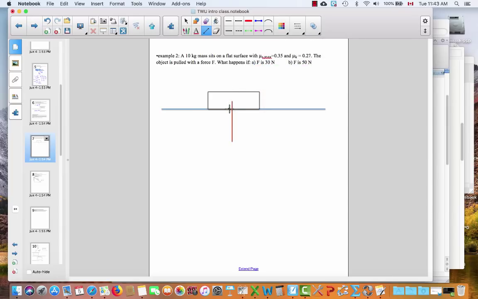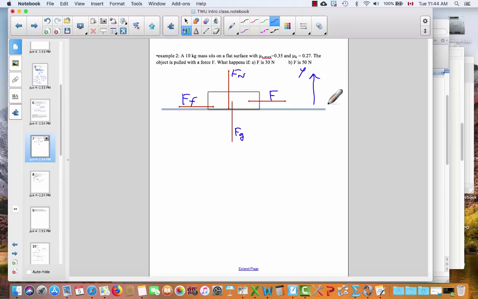That's called the normal force. Then we're pulling it. I guess we'll put the pull in this direction. And then there's friction. So those are the forces on the object. Fn, Fg is the weight, pulling force F, and friction here. We'll put our y-axis in this direction and our x-axis this way.